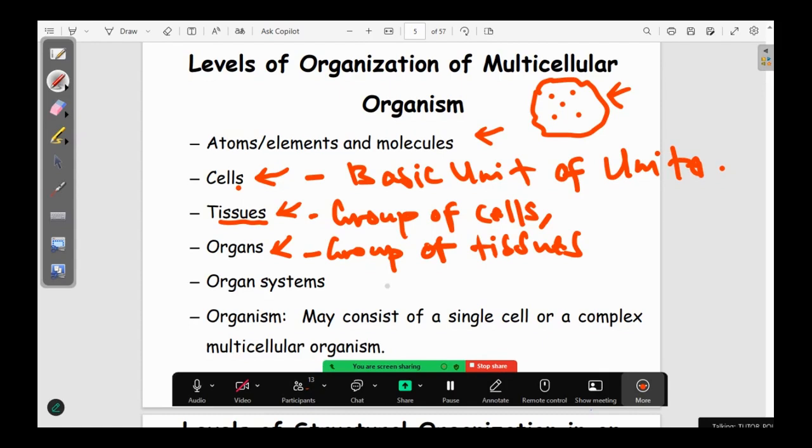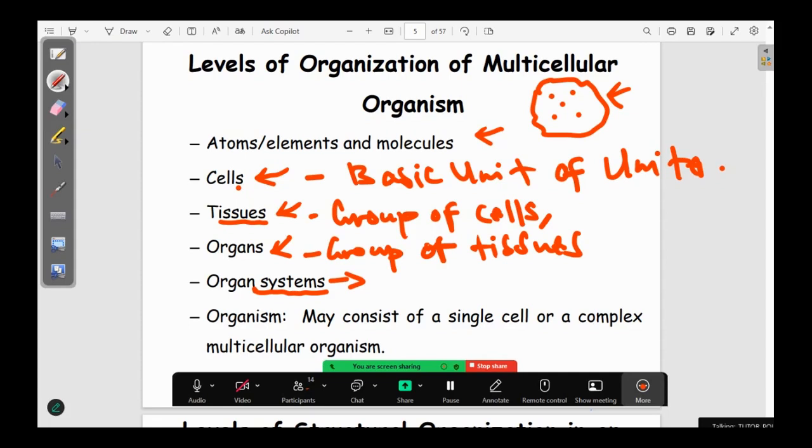And now these organs, when they combine, so you have the heart, the stomach, the kidneys, the pancreas, all these organs combine, they form what we call an organ system. For example, the digestive system. We can mention organs like the mouth, the tongue, the stomach, the esophagus.